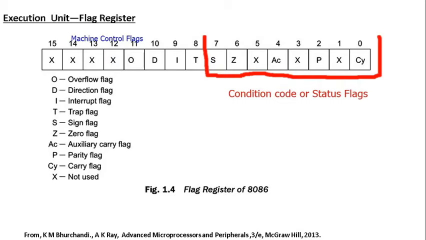It deals with interrupt processing as well as the working of the CPU. There is a particular bit known as the trap flag. If the trap flag is set to 1, your CPU moves into a single step execution mode, and after each instruction it generates an interrupt which can be used for debugging. Then we have an interrupt flag bit, which is used for masking and unmasking of interrupts.